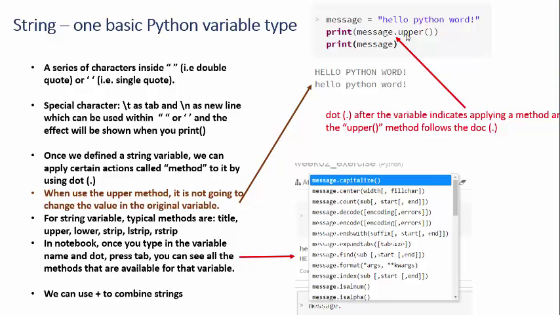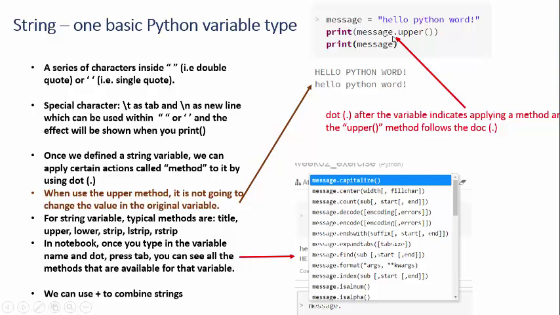Basically, that method converts every character within message to a capital letter. So message dot upper will return everything as capital letters.